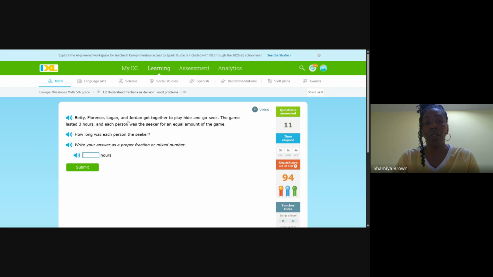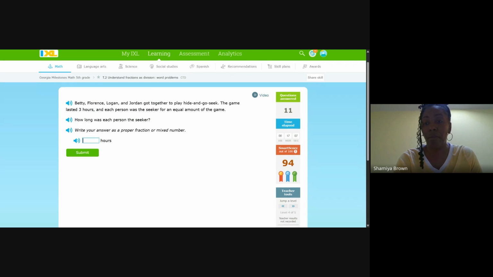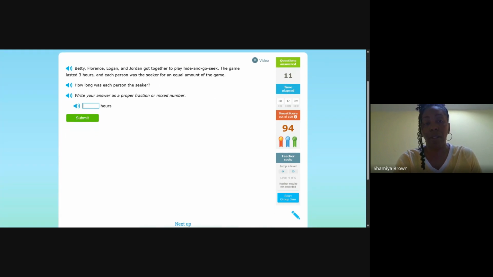Betty, Florence, Logan, and Jordan got together to play hide and go seek. The game lasted 3 hours, and each person was the seeker for an equal amount of the game. How long was each person the seeker? How many people? 1 2 3 4 people. 4 people, and they were the seeker for an equal amount of hours.